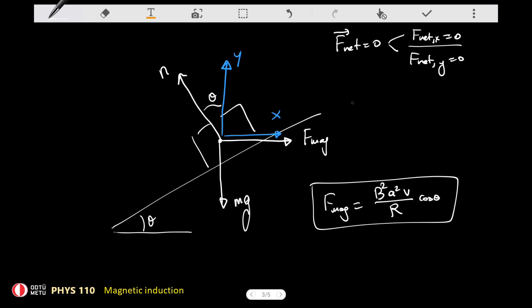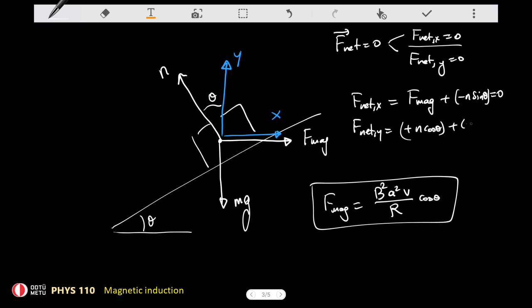So I'm going to write F net along the x direction. I know that the magnetic force has a positive component which is equal to the magnetic force. The normal force has a negative component, so this is minus n times sine theta. That must be equal to 0. And the y component of the net force is plus n times cosine theta, the component of the normal force, and minus mg, the component of the weight force.